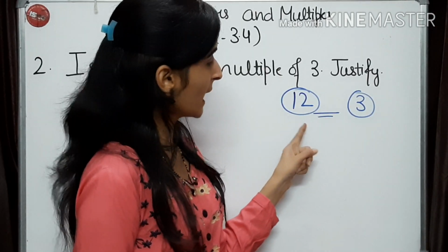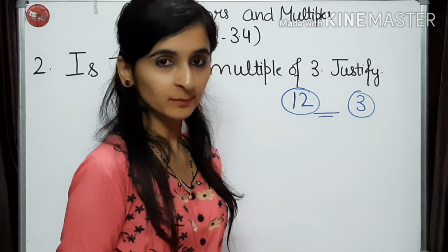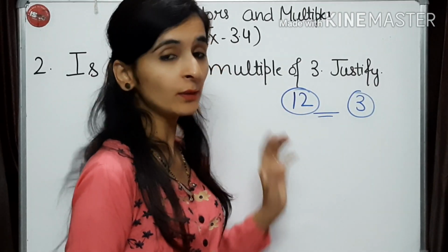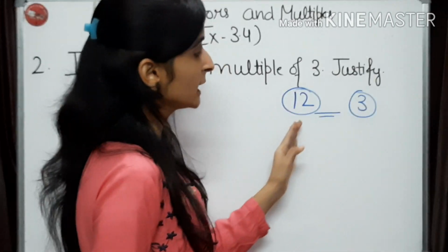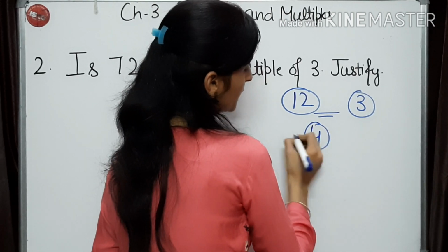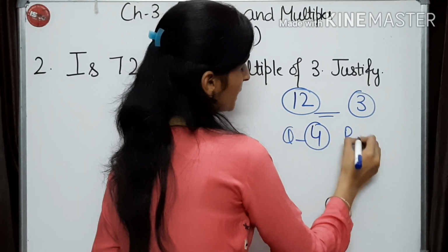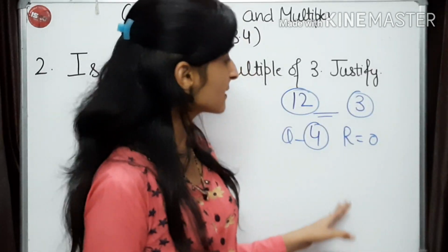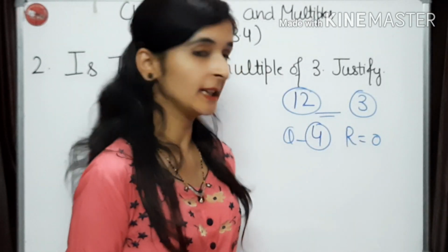You will divide this 12 by 3. If it is divisible by 3, it means it is a multiple of 3. So when we divide 12 by 3, we get quotient 4 and remainder 0. If we are getting the remainder 0, it means it is completely divisible by 3.